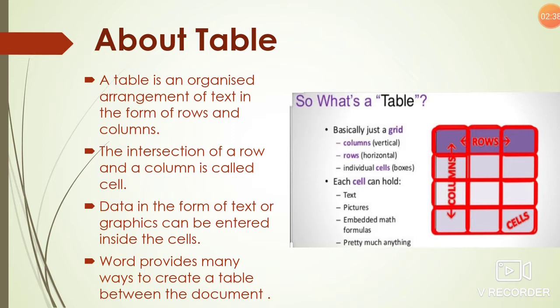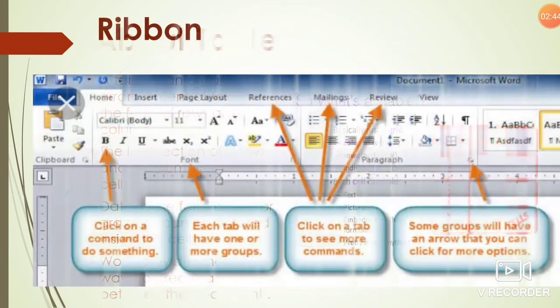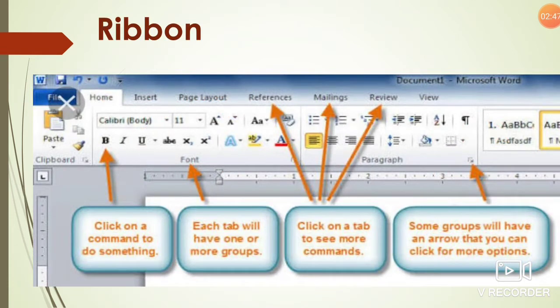For inserting a table in a document, Word provides many ways. Before starting to learn how to insert a table, let me discuss some components of MS Word. Here you can see the title bar on which the name of the software is written, and then next here File, Home, Insert.